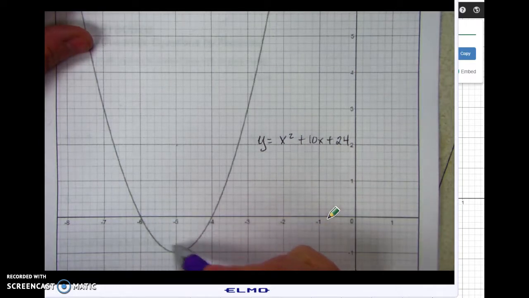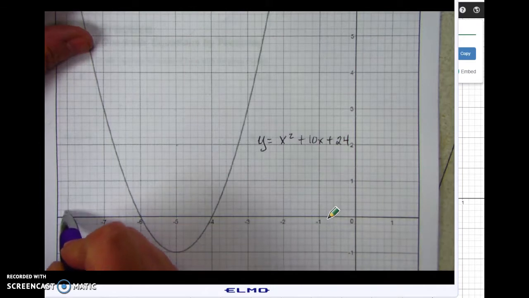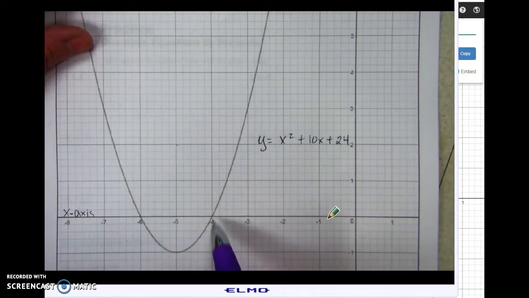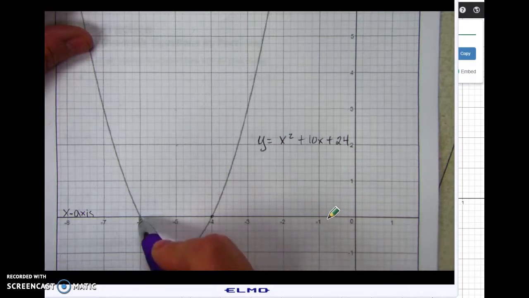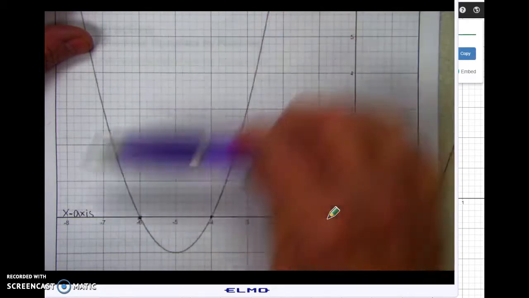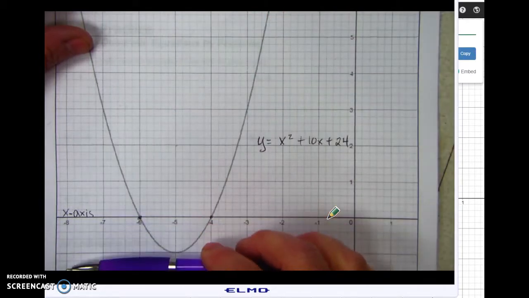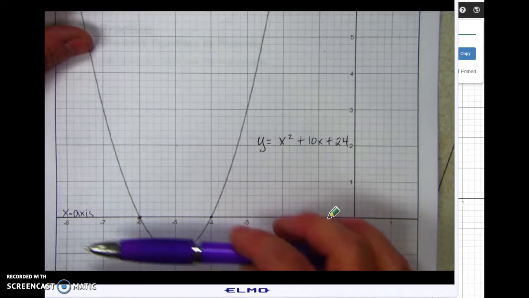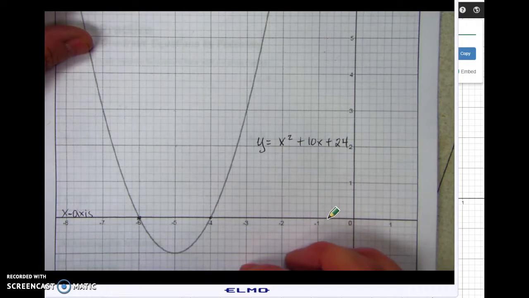It's passing the x-axis, here's our x-axis, at -6 and -4. Those two spots are key spots on any graph. This graph is positive above the x-axis. The numbers are all negative below the x-axis. Those are important bits of information when these are used in real-world problems, which they are quite a bit.